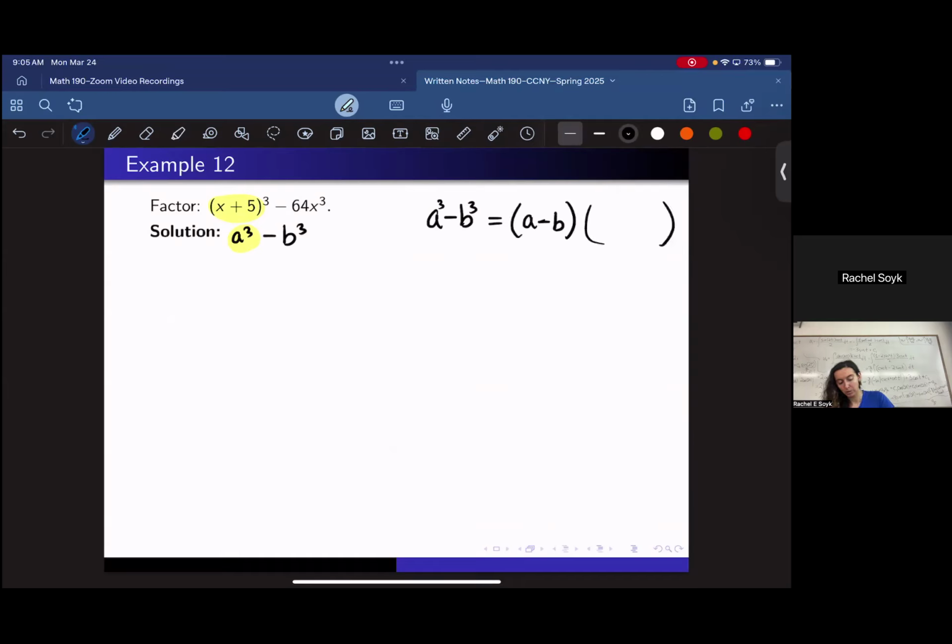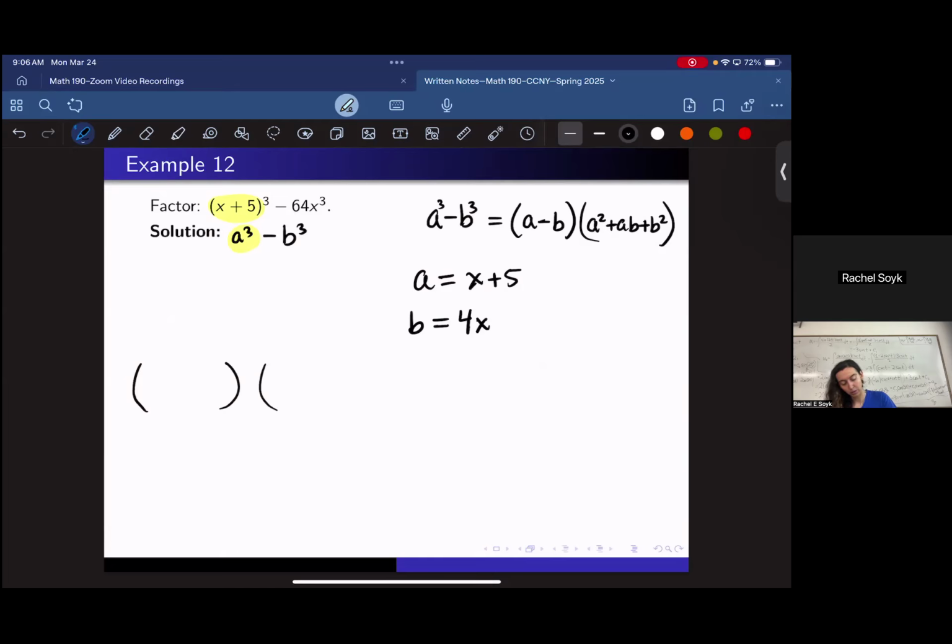The trinomial, they're all positives. So a squared plus ab plus b squared. Let's identify our a's and our b's. Our a in this case is the cube root of x plus 5 cubed, which is just x plus 5. And our b is the cube root of 64x to the third, which is just 4x.